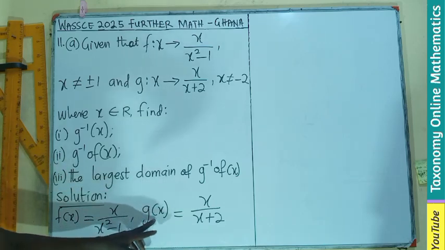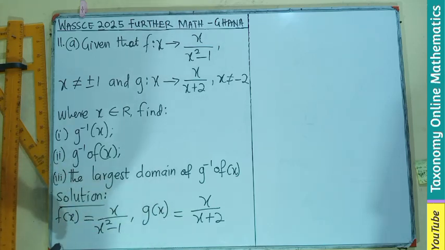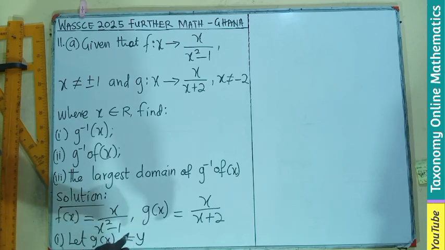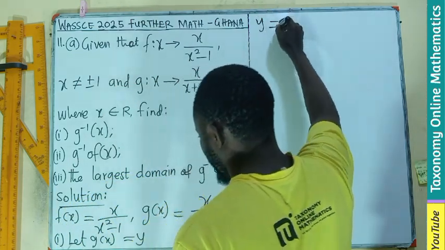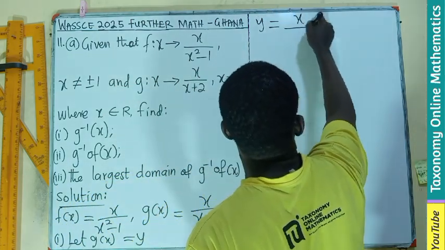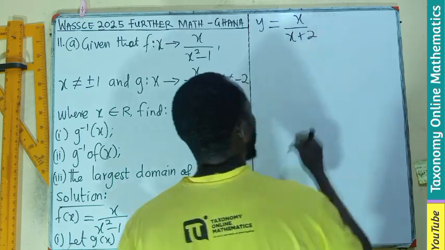If we are looking for the inverse of this, we let g of x be equal to the dependent variable, which is y. That makes y equal to x divided by x plus 2.